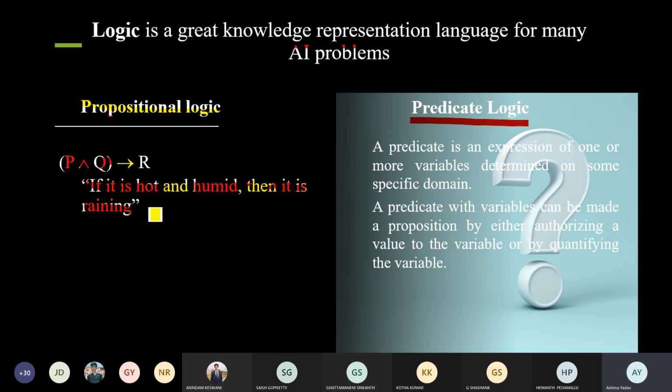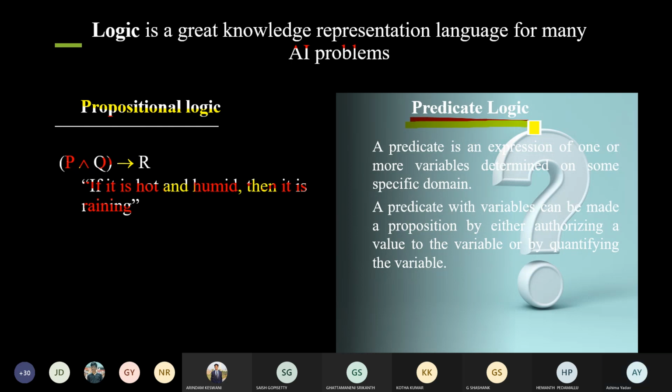Now, why do we need predicate logic? Anyone, why do we need predicate logic? Predicate logic helps to represent variables with a specific domain. What that means is there are some words, or you might have studied quantifiers, if you can remember the quantifiers in discrete mathematics.